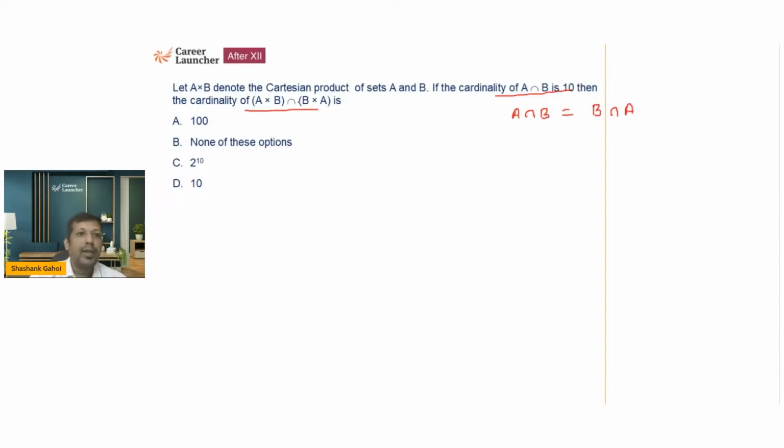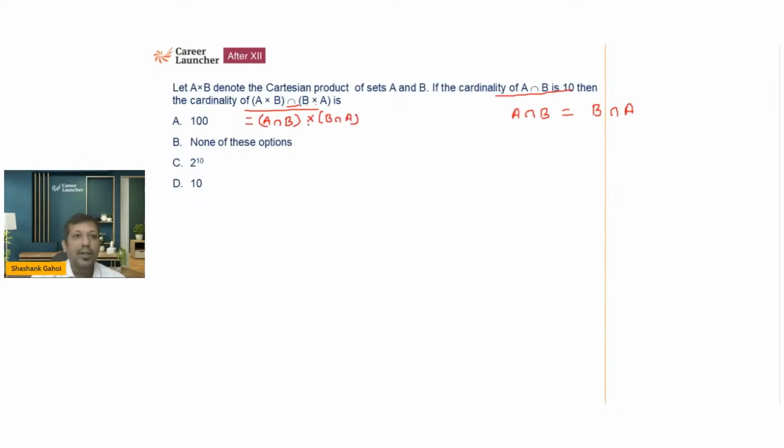Now A into B intersection B into A can also be written as A intersection B into B intersection A. So basically, if you don't know, kindly write it as a formula.